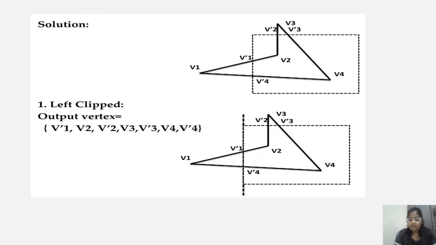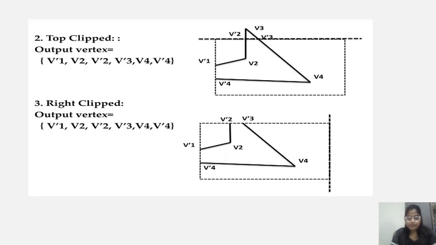And as we discussed earlier, if the vertex goes from outside to inside, then the output vertex we consider is the intersection point along with the point which is inside the polygon. So that will be V1 dash and V2, and from V2 it goes to V3. The intersection point will be considered here, that is V2 dash, followed from V2 dash to V3. So that gives V3, next V3 dash, V4 and V4 dash.